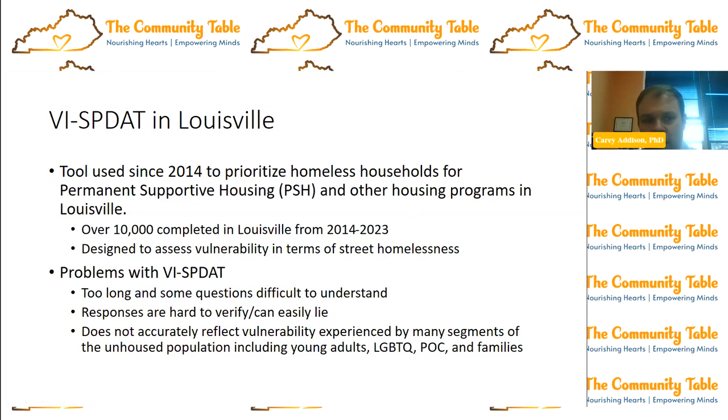We've really branched out. When we began the process, the tool that we used to prioritize people was pretty much recommended around the country. The tool was the VI-SPDAT. I think most of you here today are probably very familiar with that tool. It was developed by a Canadian agency called OrgCode. They came down to Louisville and did a presentation with all of the providers at that time, and we launched it.